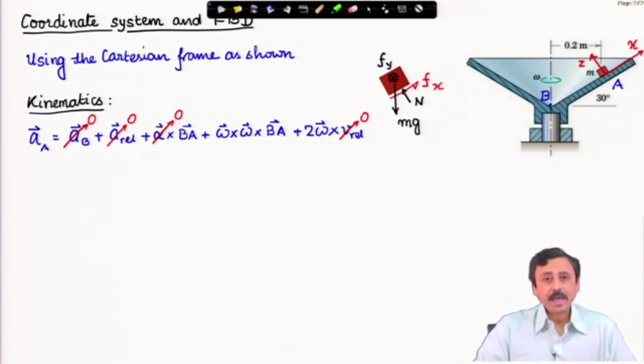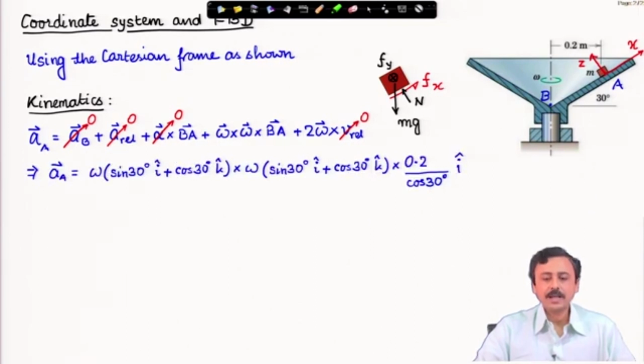The point B is on the axis, therefore, its acceleration is 0, it is not moving. The dish is not accelerating, so its angular acceleration is 0, therefore, alpha is 0. What we are left with therefore is only this omega cross omega cross BA term, where omega is the angular velocity of the frame.